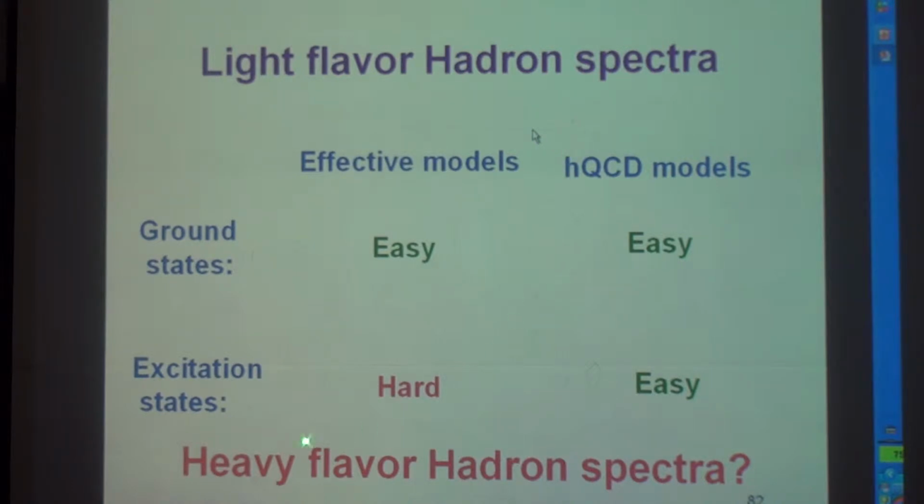But for me now, the problem is that I really have no idea how to introduce heavy flavors. Basically, I don't have any clue how to get the heavy flavor hadron spectrum, and it is also very difficult to introduce u and s, light and heavy, this kind of hadrons.